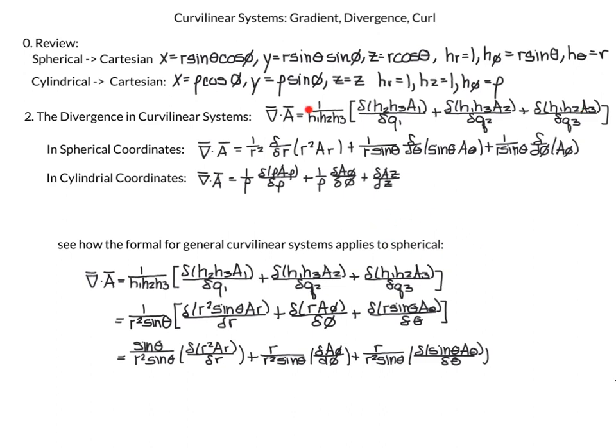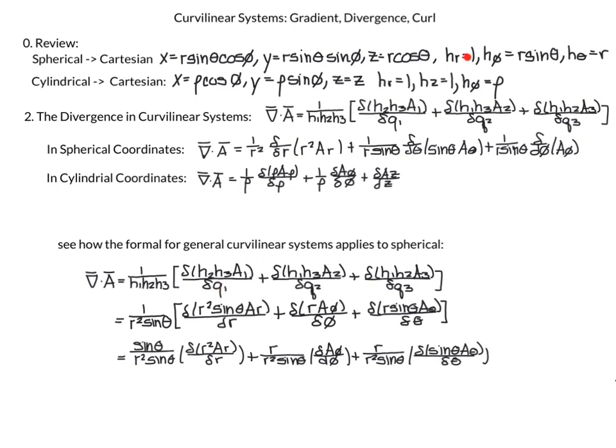So I copied my general formula right here. Then the first thing I do is I need 1 over h1, h2, h3. So h r is 1, h phi is r sine theta, and h theta is equal to r. So multiplying the 3 together, I'll get r squared sine theta, and that's what this factor here is. The next thing I need to do is with respect to the first coordinate, a1.